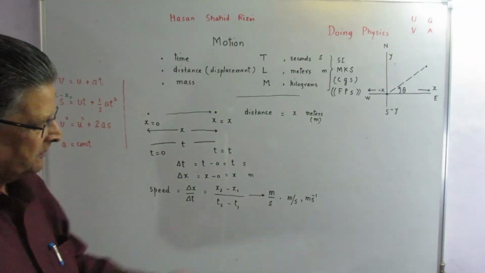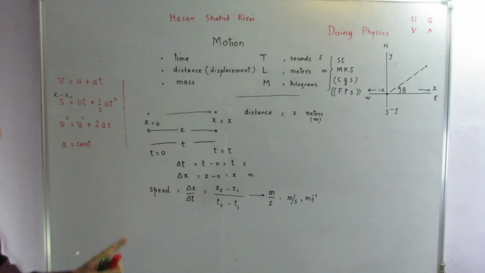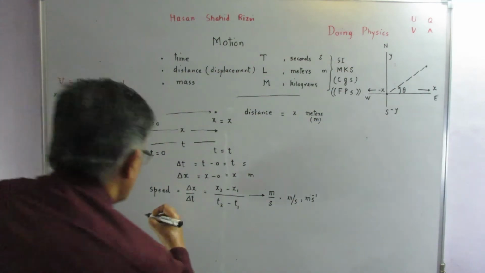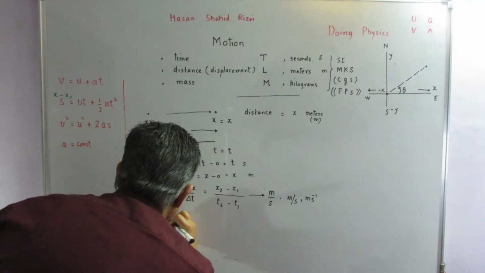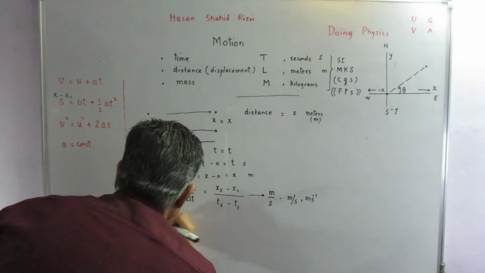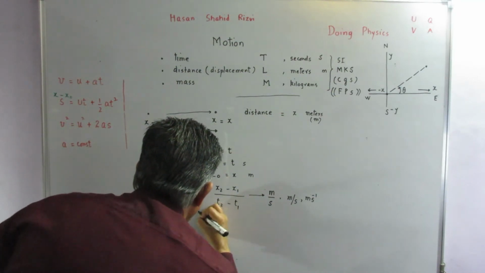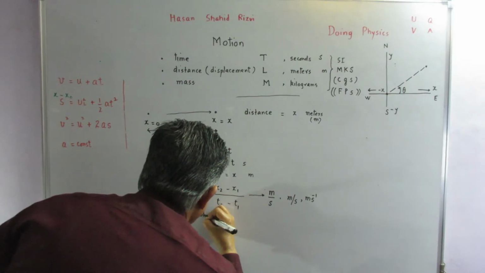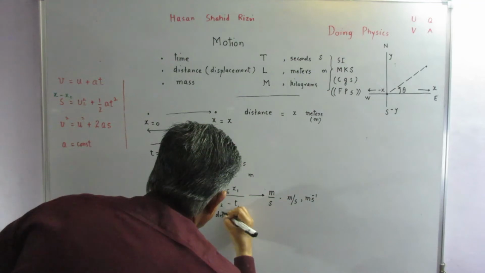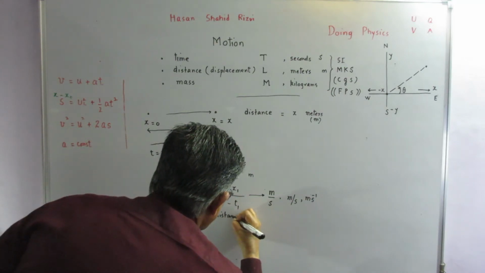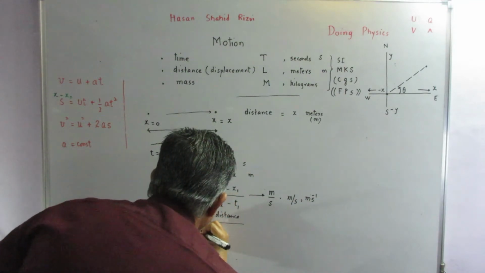So this is speed, and now I can say that the average speed is equal to the total distance which has been traveled, total distance in meter, divided by total time.